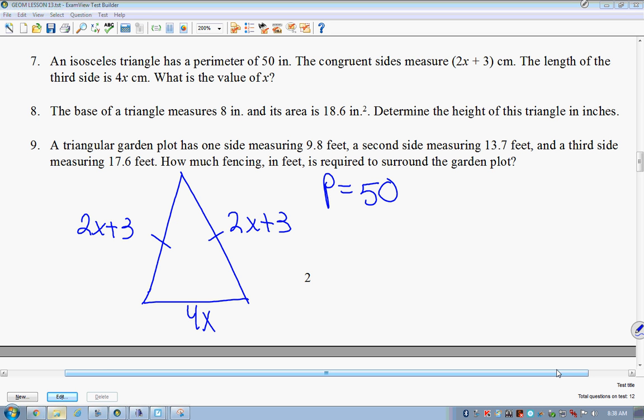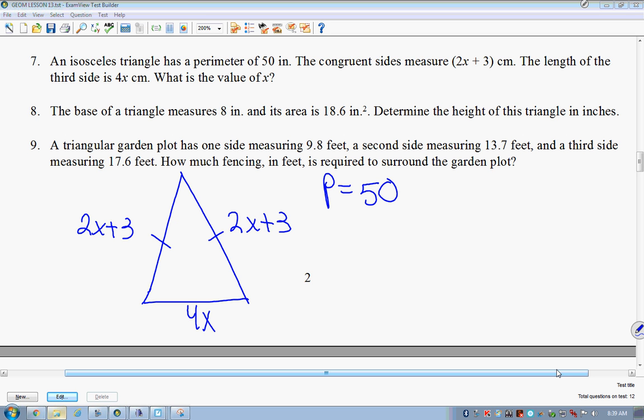All right, if I want to solve for x, I know the perimeter is 50. What should I do? What do you think, Jordan? Yeah. How? A formula? Okay. All right. What can you tell me what perimeter is? What is perimeter? The distance around a polygon. All right.